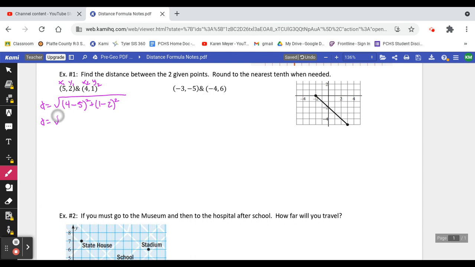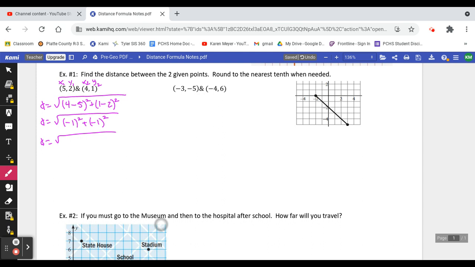Okay, let's work on each parentheses. So 4 minus 5 is negative 1 squared, plus the next parentheses, 1 minus 2 is also negative 1 squared. Now, when you put negative 1 squared in your calculator, make sure you're putting parentheses around the negative 1 and put the power of 2 outside the parentheses.